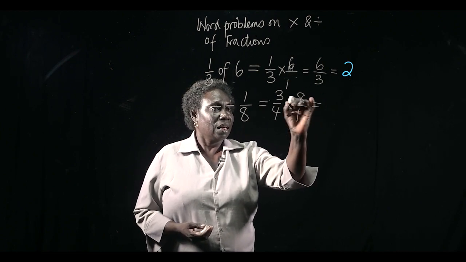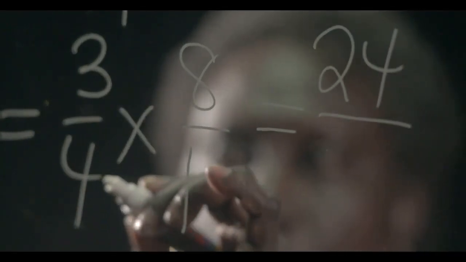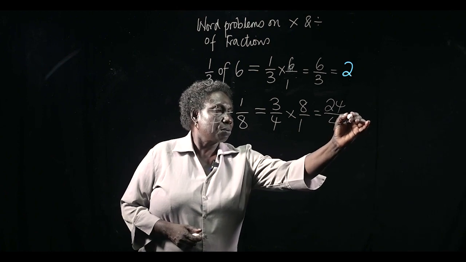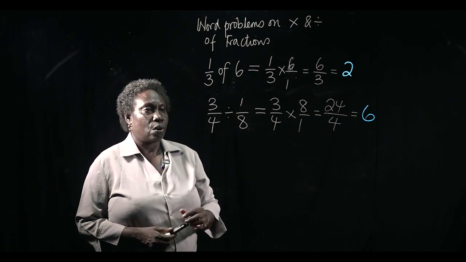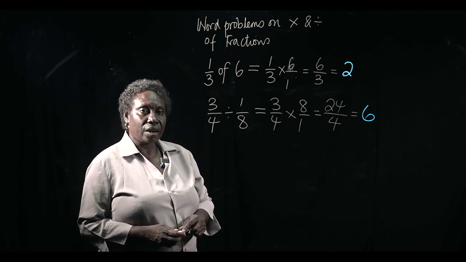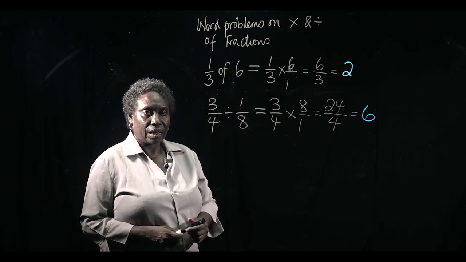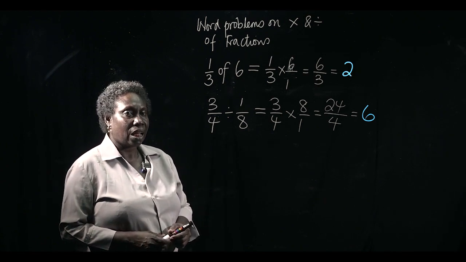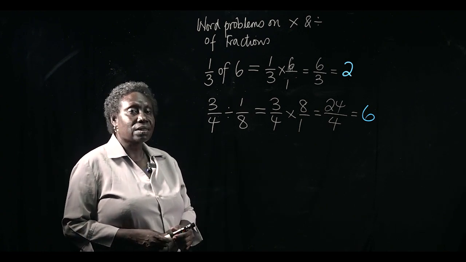Okay? 3 times 8 is 24 over 4 times 1 is 4. Now, we have 6 portions. So, when 3/4 was divided into 1/8 kilograms, 6 people were given the meat that she bought from the supermarket. Now let's go to our next example.